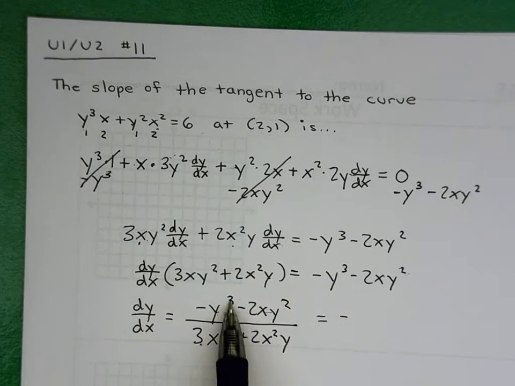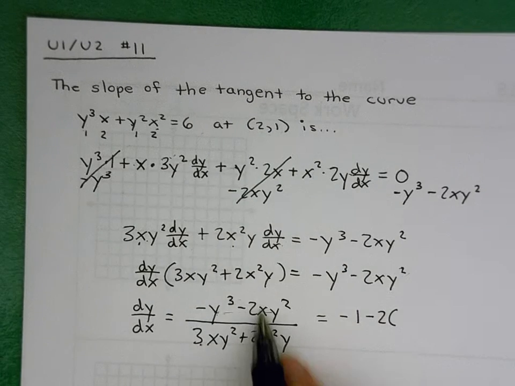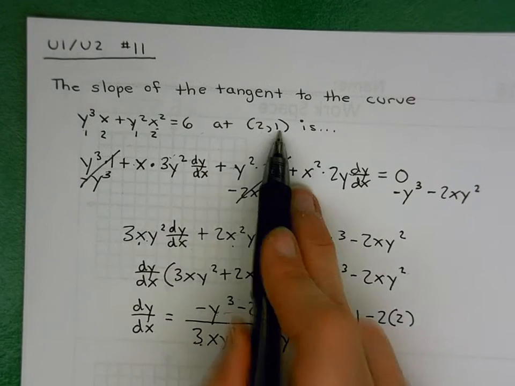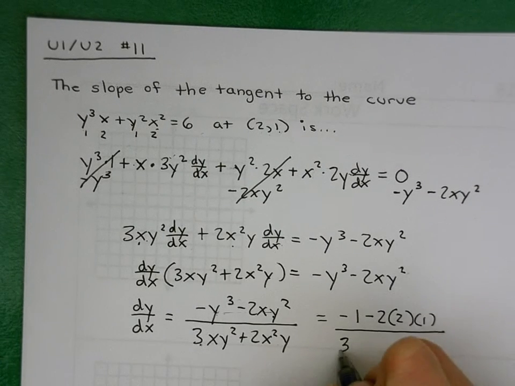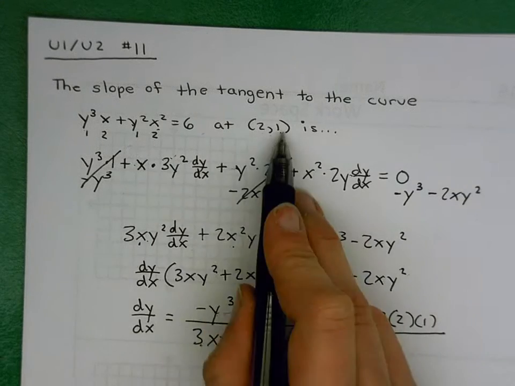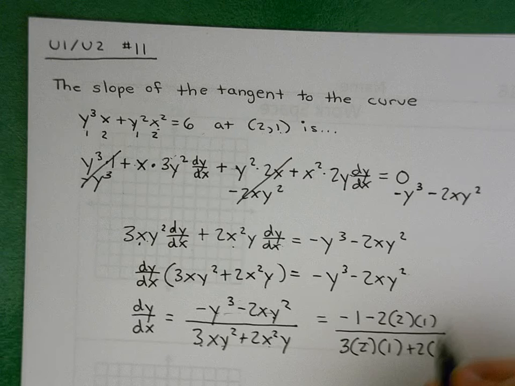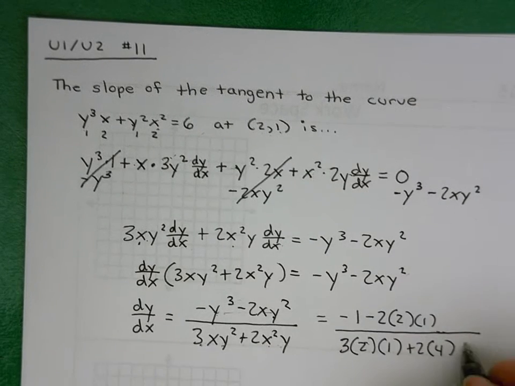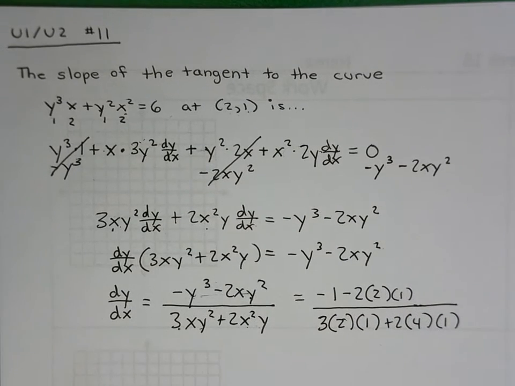So y cubed, or 1 cubed, is 1, minus 2 times my x, which is 2, and y squared, 1 squared, which is 1, all divided by 3 times my x, which again is 2, y squared, 1 squared, which is 1, plus 2, x squared, so 2 squared is 4, and my y, which is 1. And so I just plugged everything in. And then you just simplify it from there.